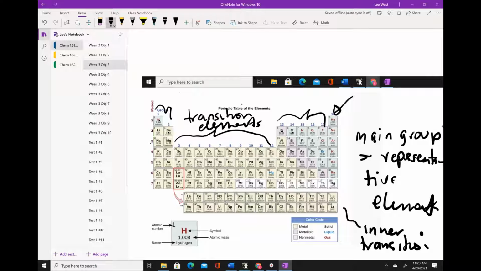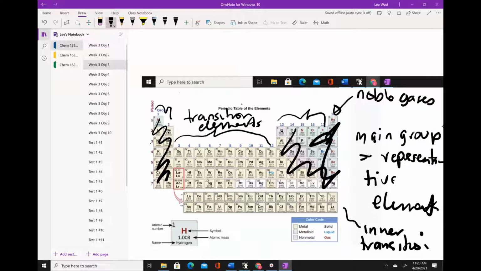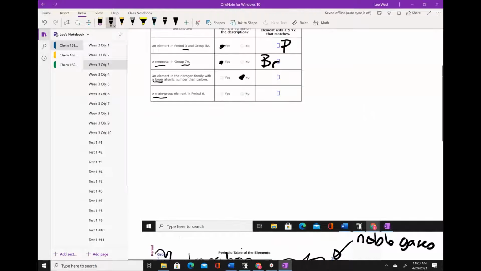And then, of course, we know that these guys are the noble gases, right? So we sometimes talk about the main group for these taller groups on the edges of the periodic table, transition elements for these guys in the middle, inner transition elements for these guys here, and then the noble gases are kind of in a category by themselves.